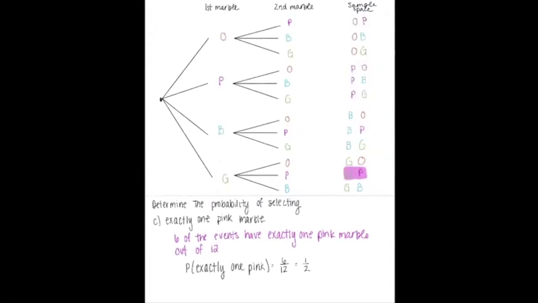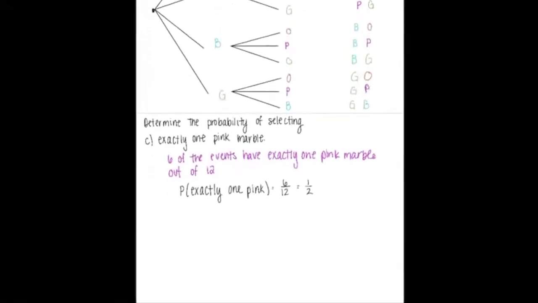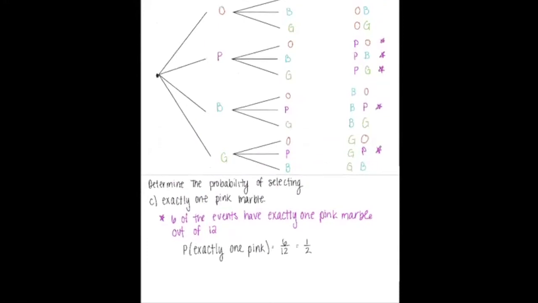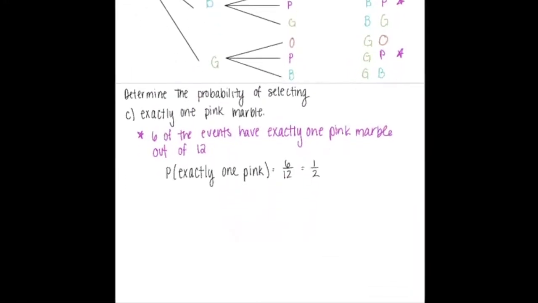Go ahead and unhighlight these. I'll put a little star next to the 6 events. Let's try one more, and then I'm going to change really one word in this, and we're going to redo the problem. So let's determine the probability of selecting at least one marble that is not pink.